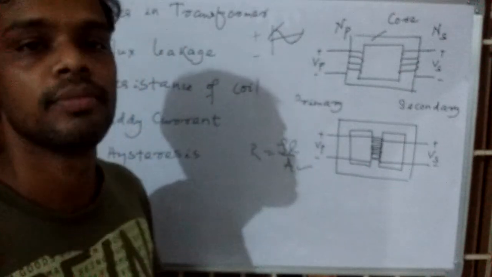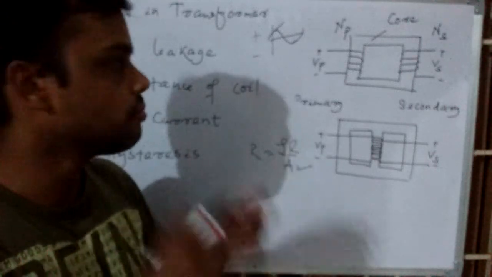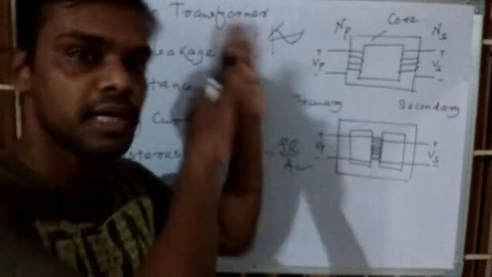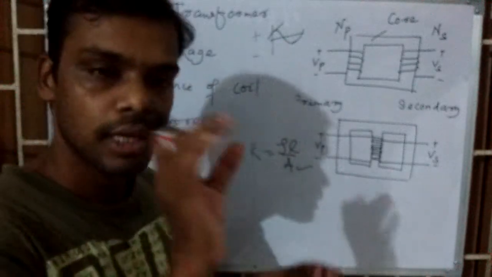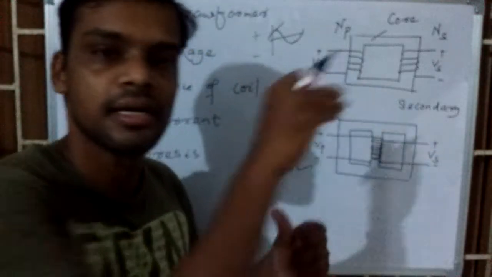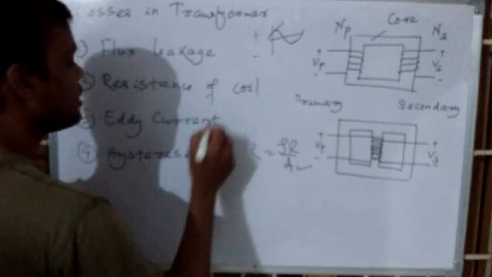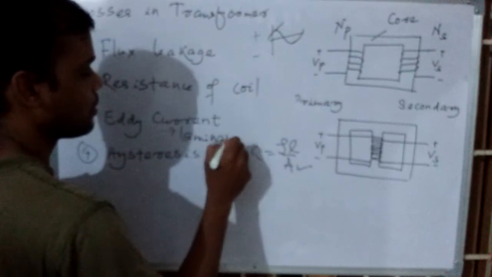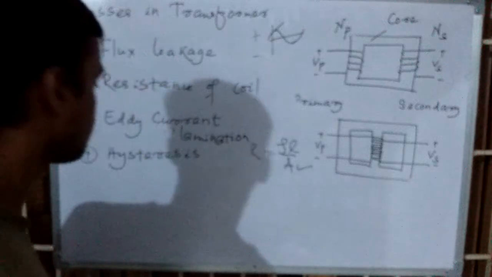We can reduce it to some extent, but we cannot completely eradicate it, because to completely eradicate it you have to completely remove the core material, which is not possible. So you can only laminate it, so that some part of the magnetic field will not be able to penetrate the material. By lamination we can reduce this, and lamination is done with some specific materials.